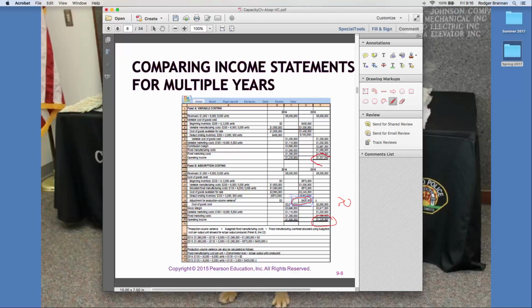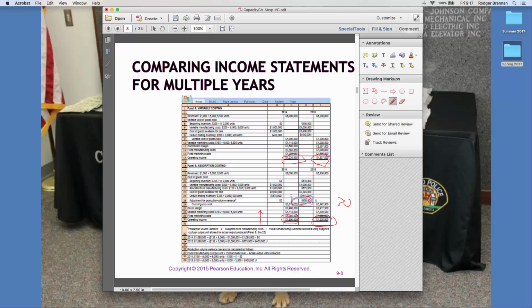And if we want to look at this, and this is kind of the moral of the story in this chapter. In 2014, inventory levels went up. So what that means is, okay, fine, there's kind of a management issue in terms of being able to handle the inventory.